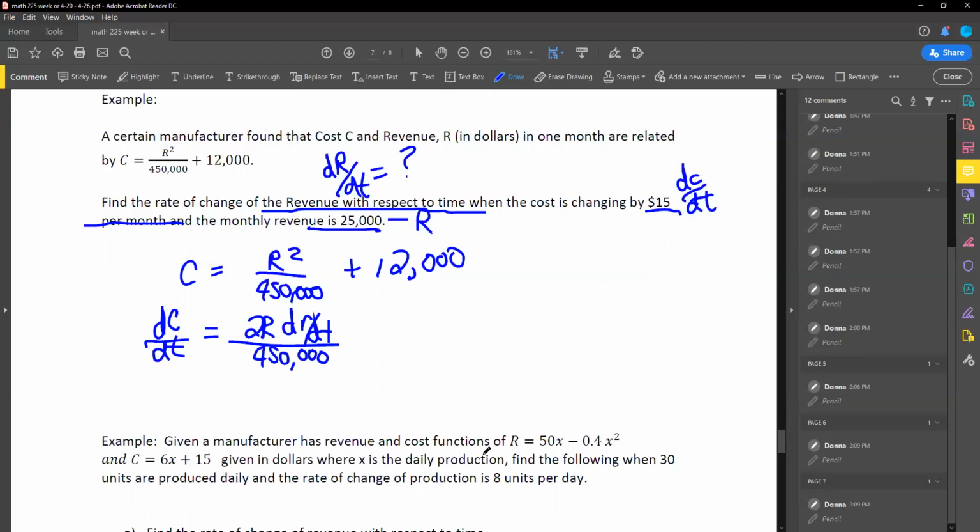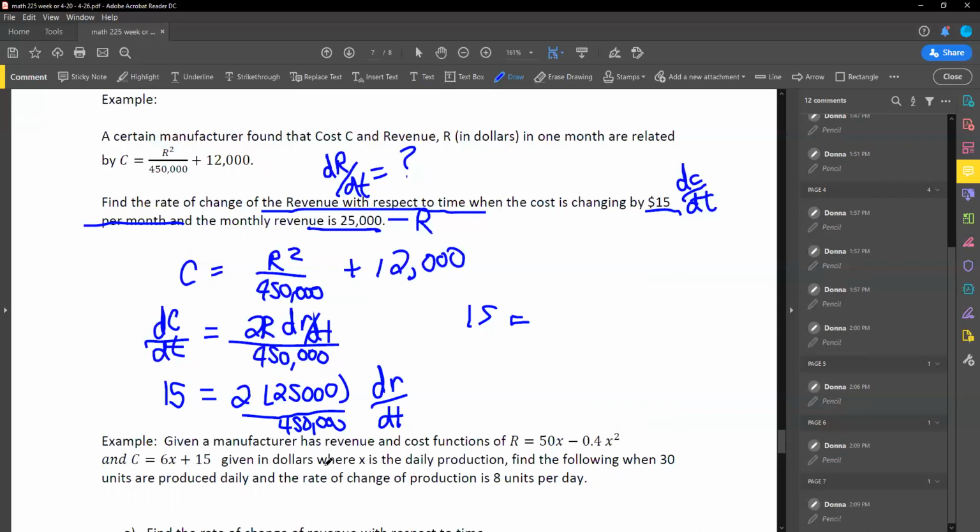I'm going to plug in the numbers I have. dC/dt, $15 per month. So that goes right here. 2R would be 25,000 over 450,000. That is times dR/dt, right? So we're just solving for dR/dt. So 15, I'm going to plug in all these numbers on my calculator.